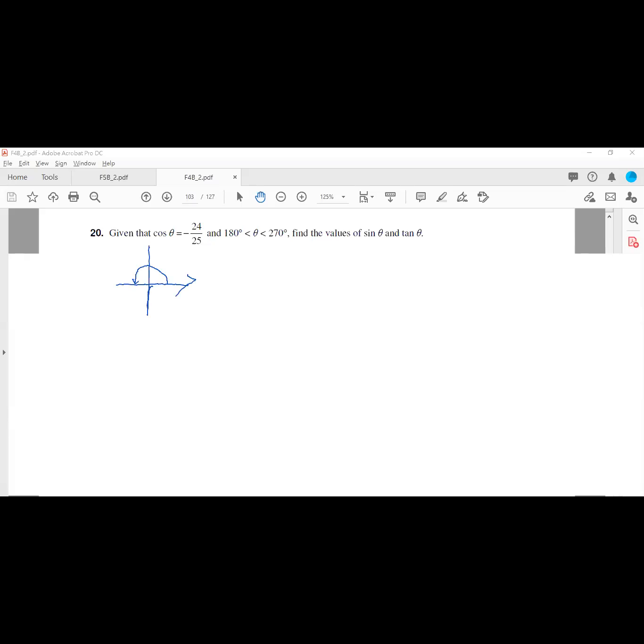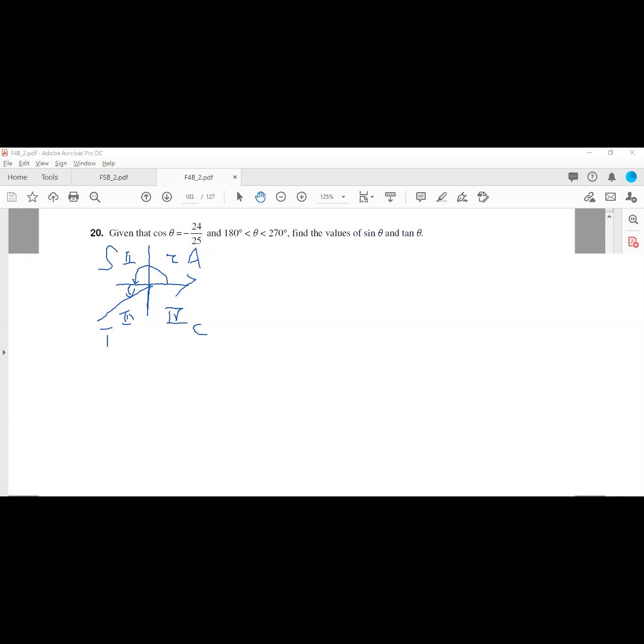So it should be more than 180 but not up to 270, which is box 3: 1, 2, 3, 4. A, S, T, C. So it should be in the T box.